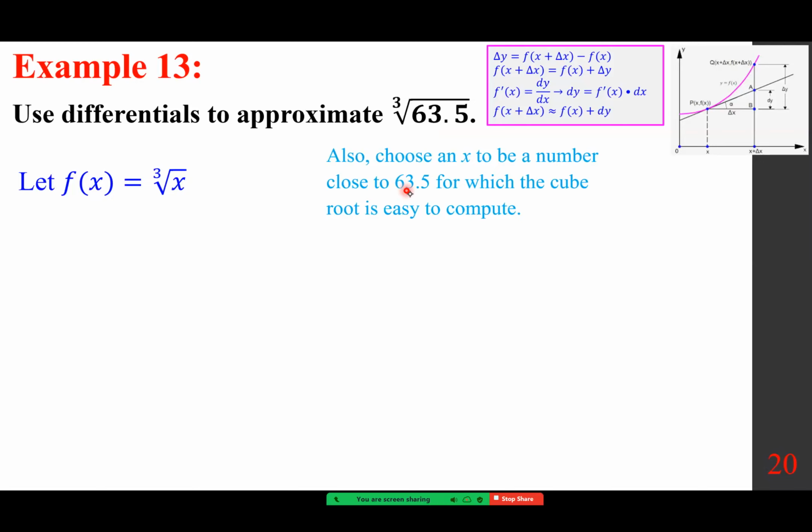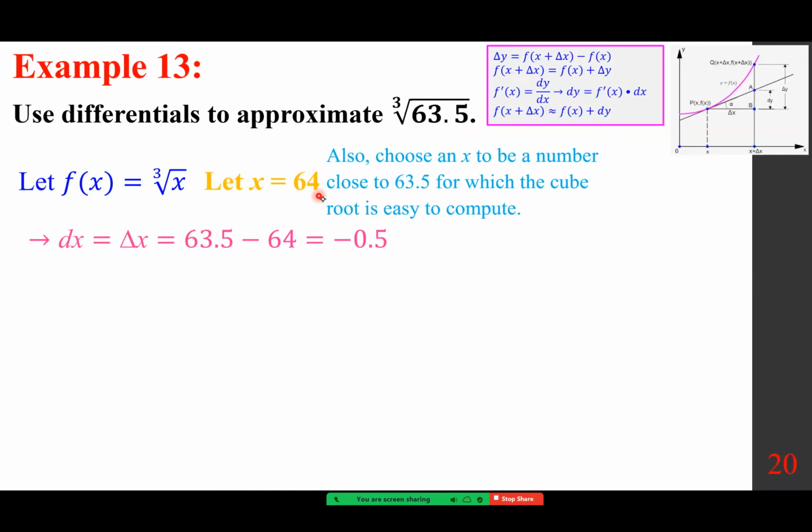Excellent, because cube root of 64, we know it to be 4. So let x be 64. From 64, we want to go to this number, and we're going down by 0.5. So 63.5 minus 64 results in dx or delta x of minus 0.5.